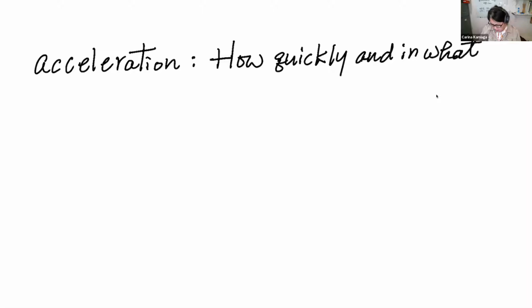So, acceleration describes how quickly and in what direction velocity changes.